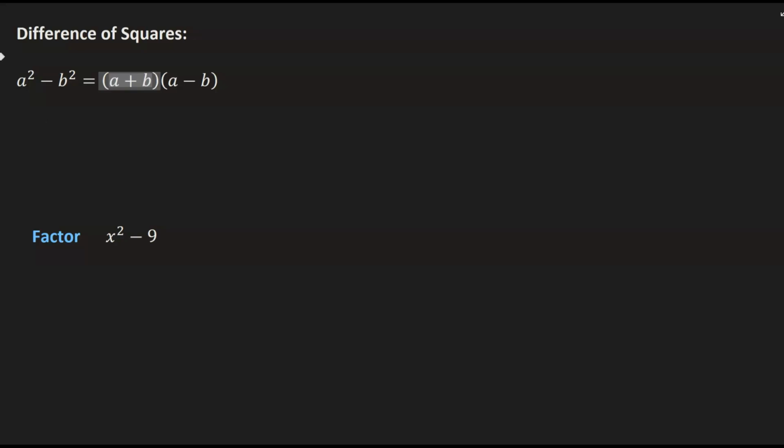But let's take a look at what happens in the formula, okay? A squared. What about the square root of a squared? If I square root a squared, we get a, right? So notice that if I have a squared value here, its square root occurs as the first term of each of the factors.